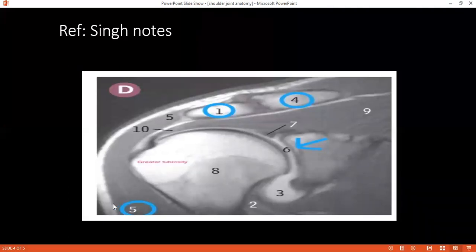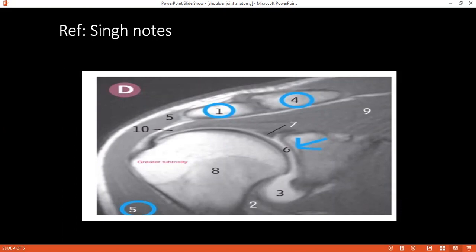What is 6? 6 is the glenoid cavity. Okay, all right.